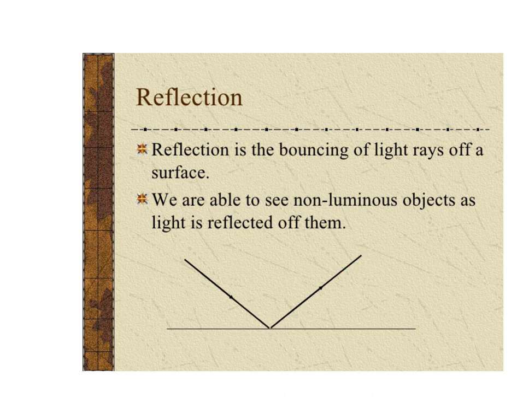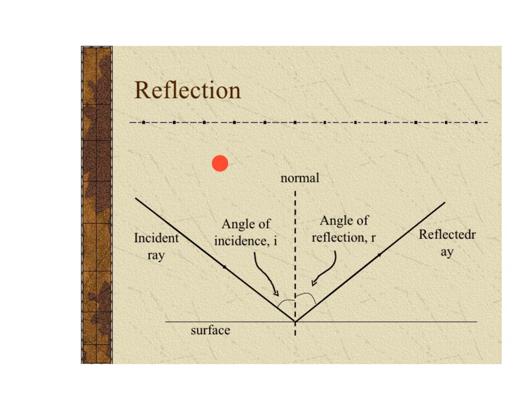Also, in this diagram, if we consider a plane surface and the incident ray is incident on that surface, then it will reflect. So this ray is called the reflected ray. And if we draw a normal, then the angle of incidence I is equal to the angle of reflection R.